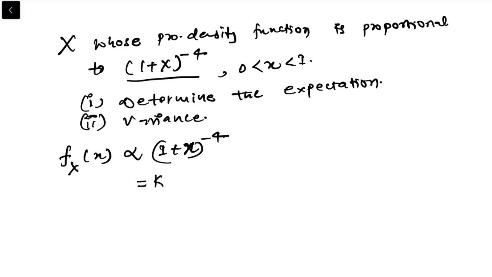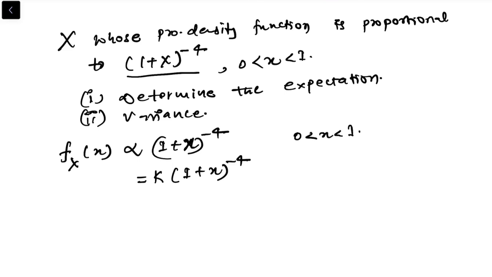So this is k times (1 + x) to the power minus 4, and the limit is 0 to 1. Before we find the expectation, we need to find the value of this constant.